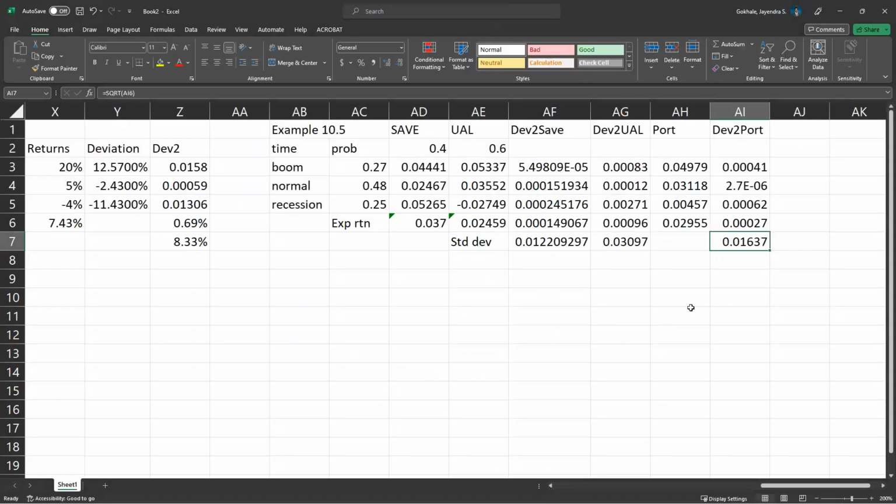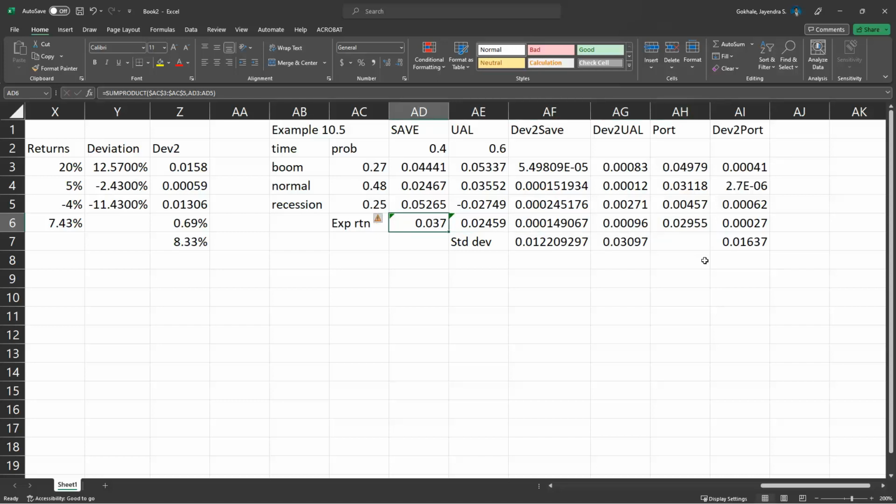Now, what do we learn from here? The standard deviation of Spirit is 1.2%. Standard deviation of United is 3.1% approximately. And the portfolio standard deviation is 1.6%. The portfolio on the average gives us 2.95% across all times.